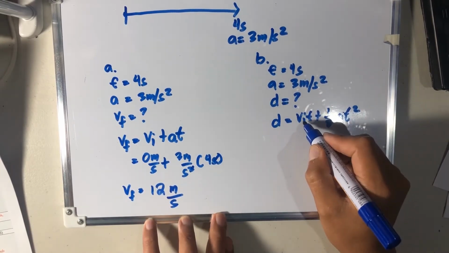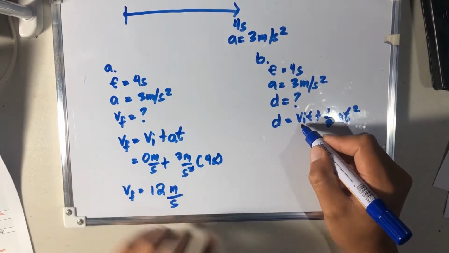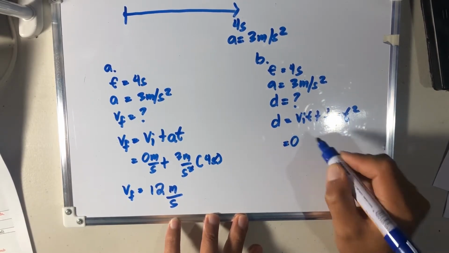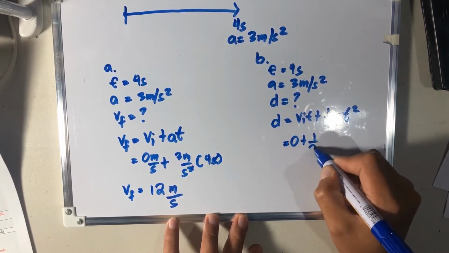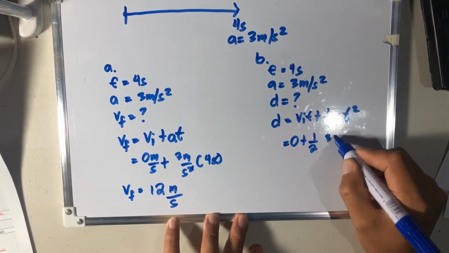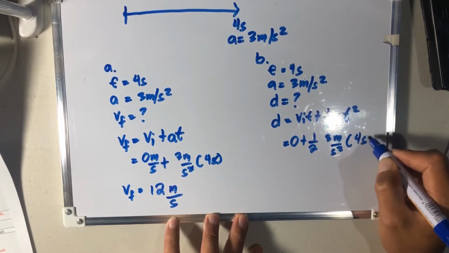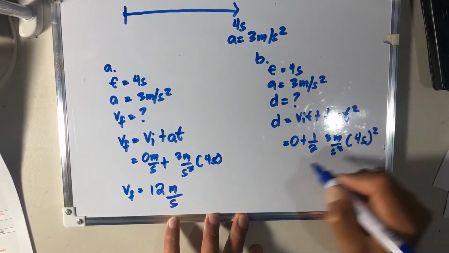So we know that initial velocity is already 0, so whatever we multiply with that will always be 0 also. Plus 1/2. Acceleration is 3 meters per second squared. Multiply that to time, which is also squared.